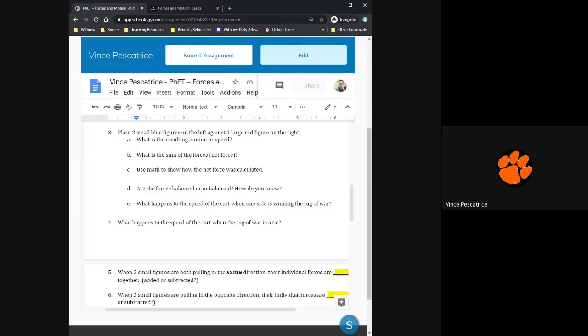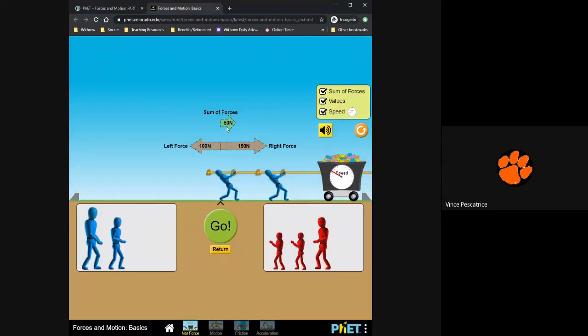The bigger one moved the smaller ones. The only thing I would change about that is to add a direction. What direction did it move in? Then what was the sum of the forces or the net force? So the sum of the forces right here. Put that for B.